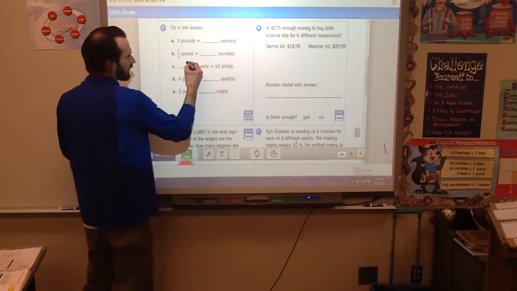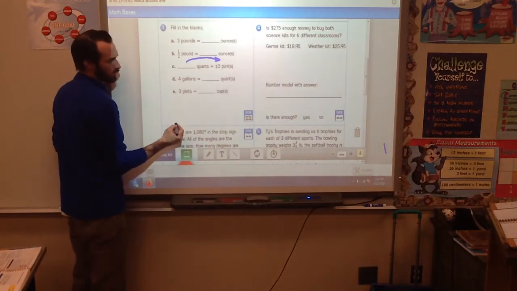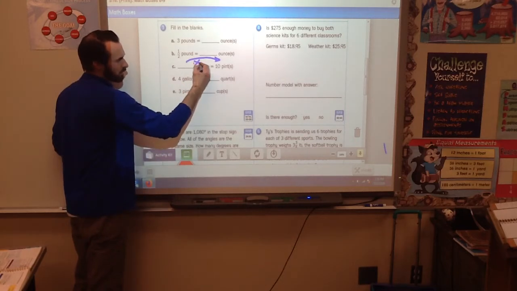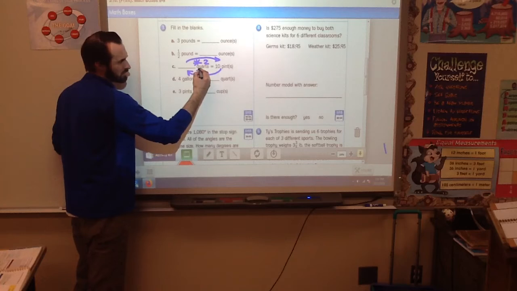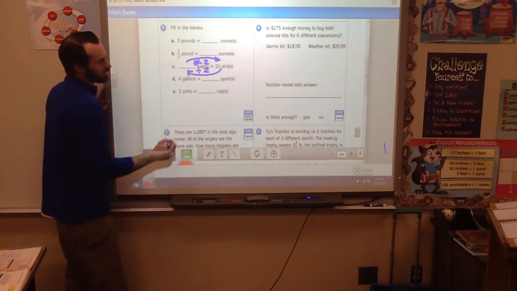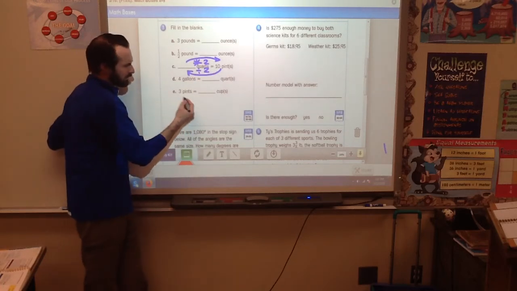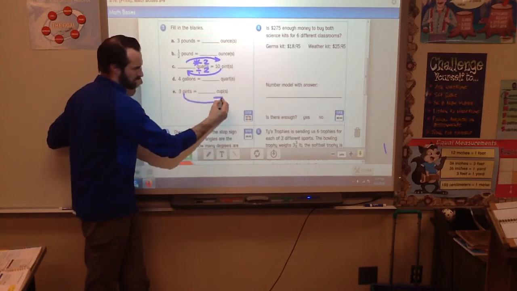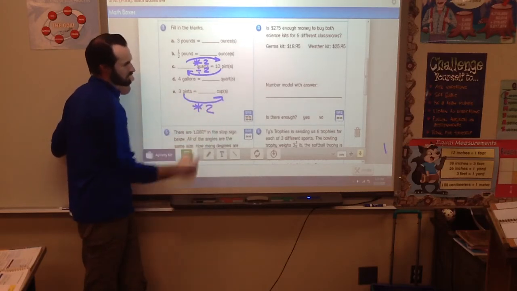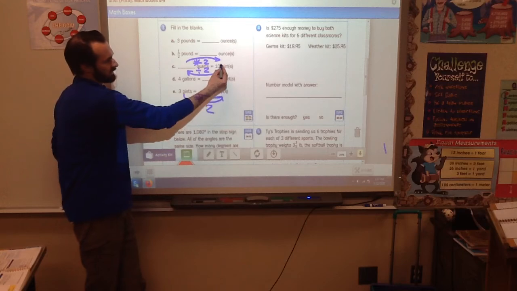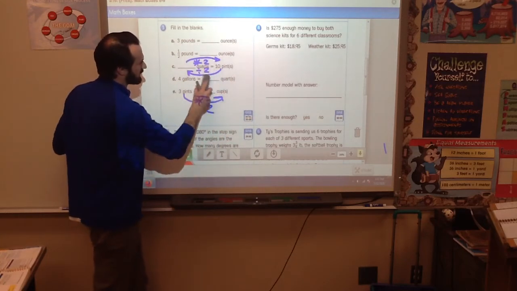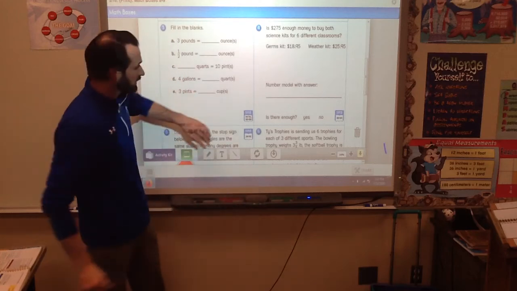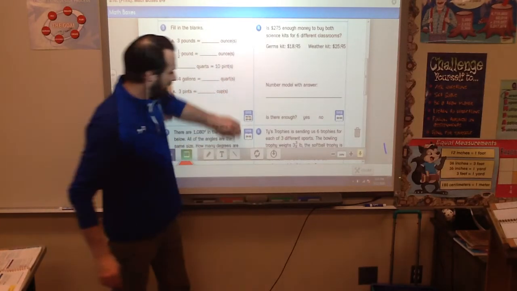So when you're going this way, from quarts to pints, you have to multiply by 2. So if you're going back to do C, you've got to divide by 2. And same thing here. Every pint is 2 cups. So to go from here to here, this time it's a multiply by 2. So to figure this one out, divide by 2, this one multiply by 2. And now we're going to look at 6, which is the one I said I wasn't going to assign yesterday. But now I'm going to, because why not?